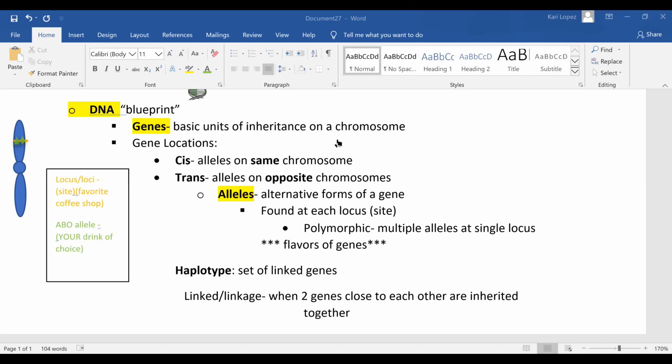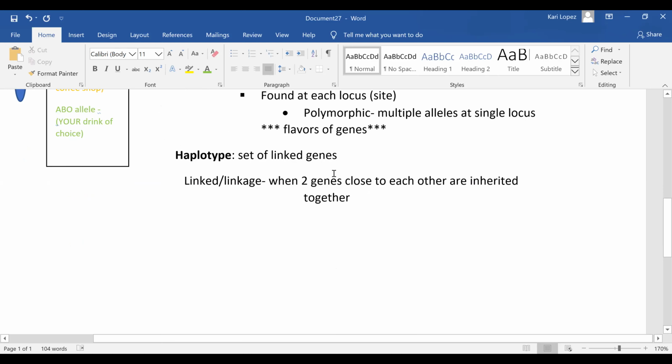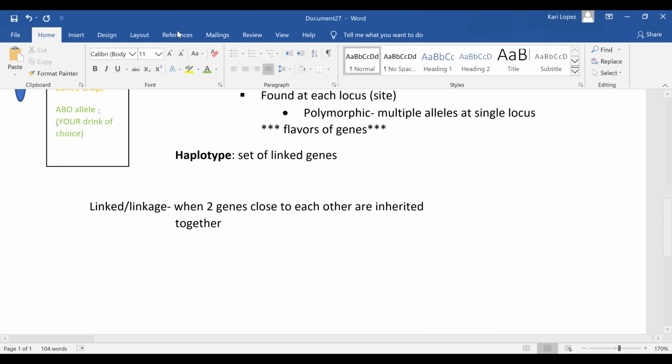So an example would be your RH. So your D, C, and E, they're all going to be together.